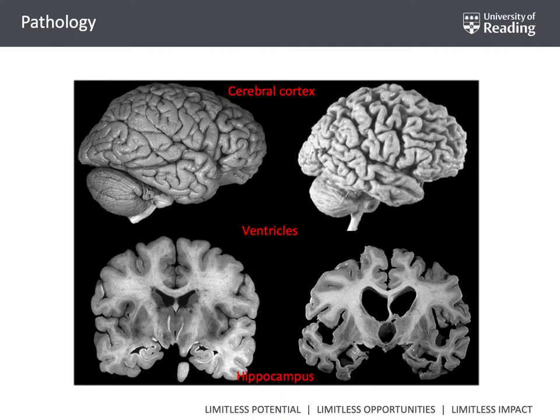If you look here in the cross section that's shown below, you've got the ventricles here, which become much enlarged, and you've got this area here, which is the hippocampus. So again, thinking about Alzheimer's disease, thinking about dementia, one of the regions that is selectively targeted is the hippocampus. That's involved in memory formation. So that's one of the reasons why these people have problems with their memory.